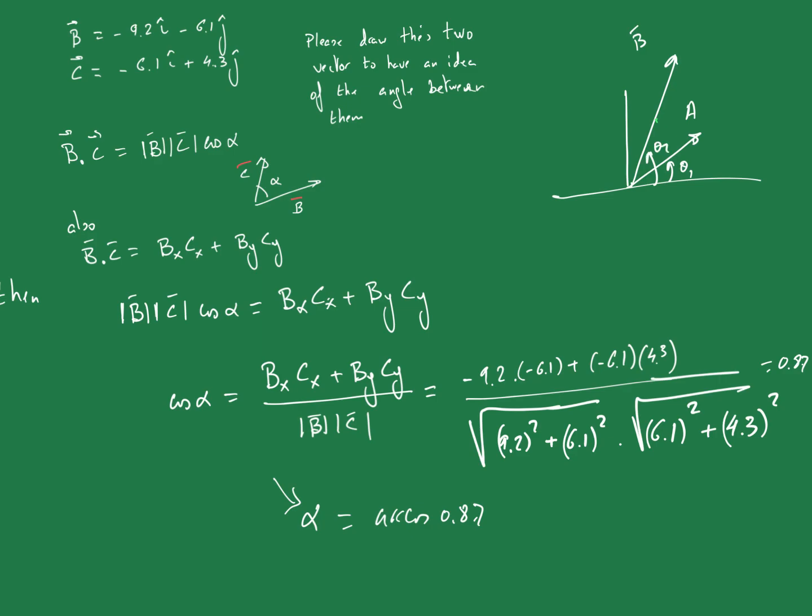What will be the angle between them? The angle theta between them will be theta 2 minus theta 1. So you can do the problem in a different way. You can find the angle that they make with the x-axis and make the subtraction, and you will find the angle between them. Okay, next problem.